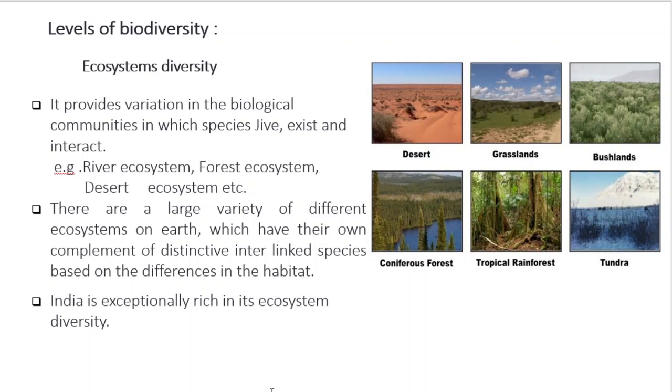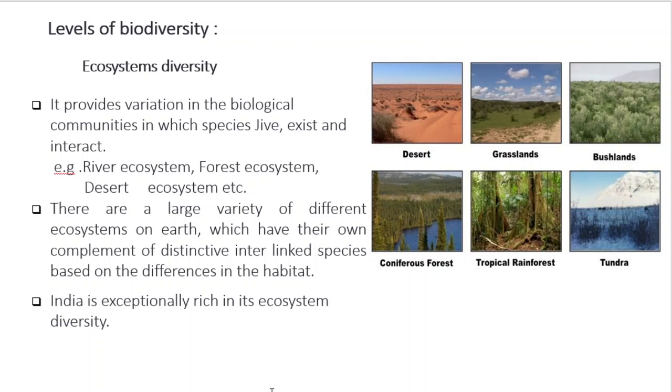So we see that different ecosystems exist because of different weather conditions. For example, in deserts where there is no rain and high heat, a different ecosystem is formed. In the grassland, there is a different ecosystem. In the tundra, there is a different ecosystem because of the very low temperature. That ecosystem is totally different from the desert and bushland.